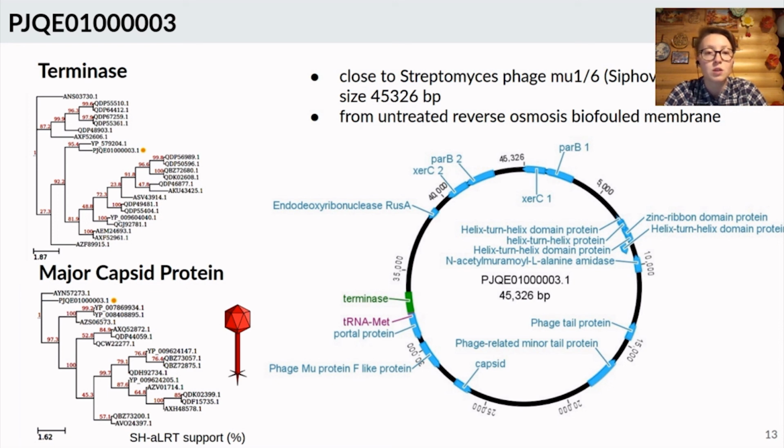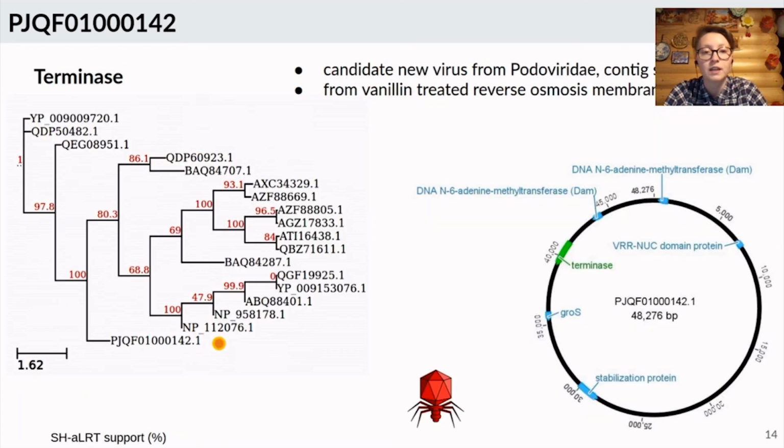While the terminase sequence shows similarity with the protein of an already known bacteriophage, the major capsid protein sequence forms a separate branch. Such mosaicism in virus genomes makes it difficult to determine the position within a new or previously described group. And the last virus, extracted from the vanillin-treated reverse osmosis membrane biofilm, belongs to the Podoviridae family of viruses.